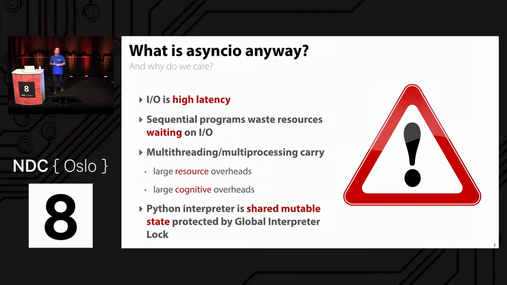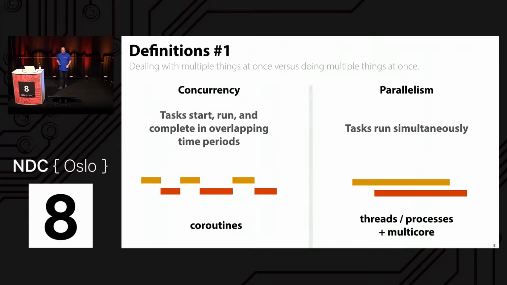And that shared mutable state in Python is protected by the now infamous GIL, or Global Interpreter Lock, which really prevents Python making use of additional compute resources that we give it. Okay? But it turns out that because programs spend most of their time hanging around waiting for I/O, taking advantage of additional compute resources isn't actually so important for many applications. What we want is for the I/O to go quicker.